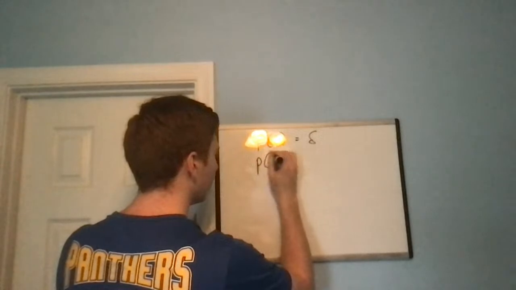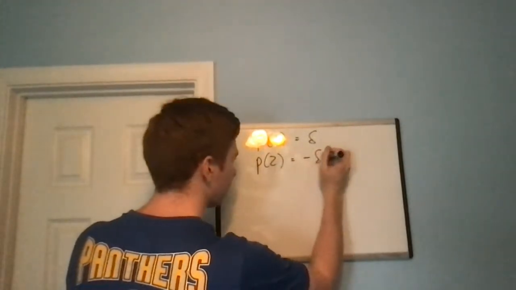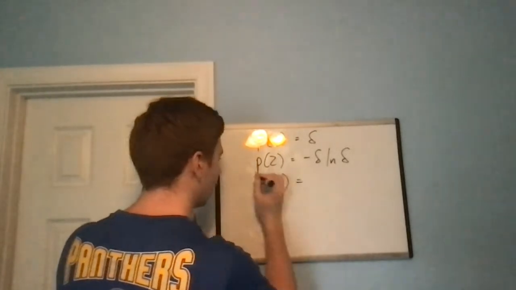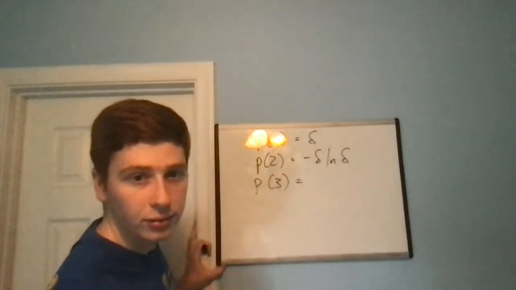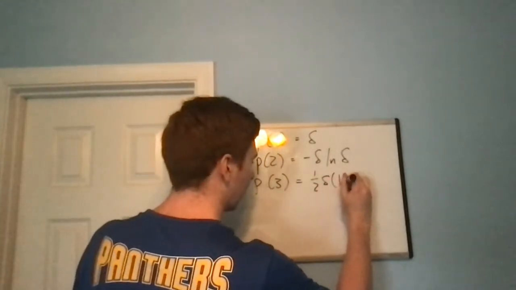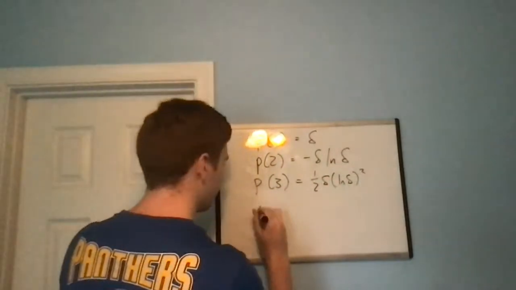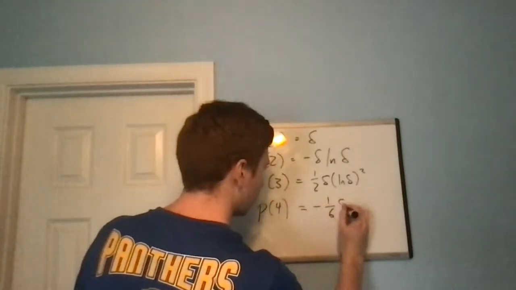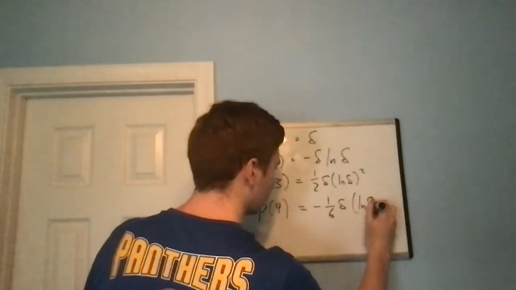P of 2 is minus delta ln delta. P of 3 is 1/2 delta (ln delta) squared, and P of 4 is equal to minus 1/6 delta (ln delta) cubed.